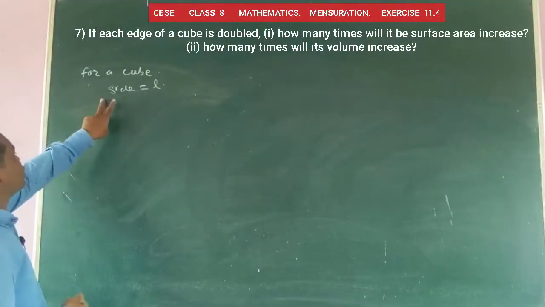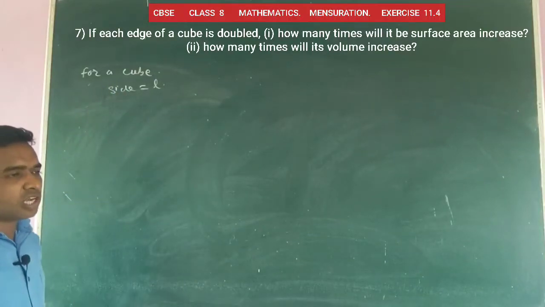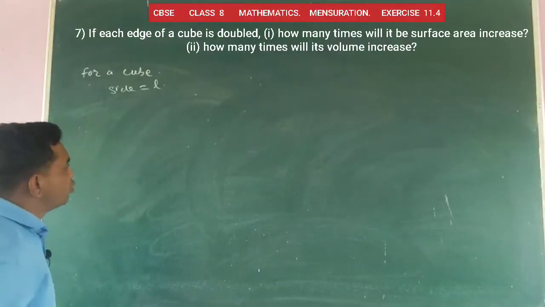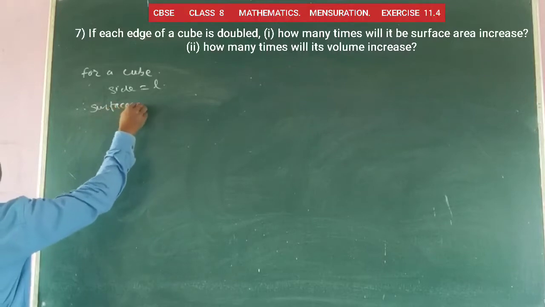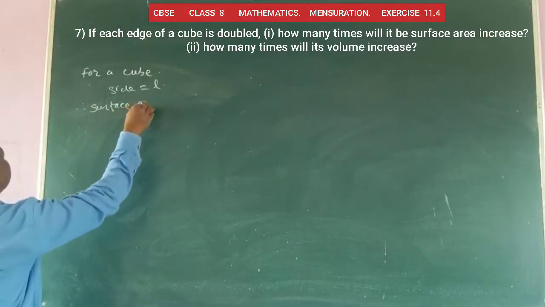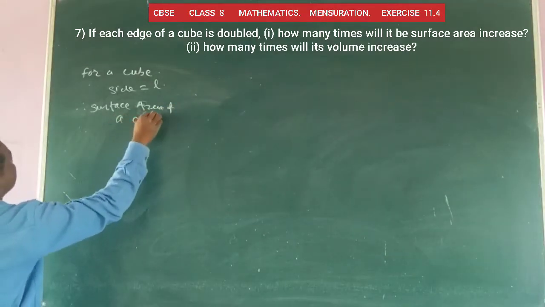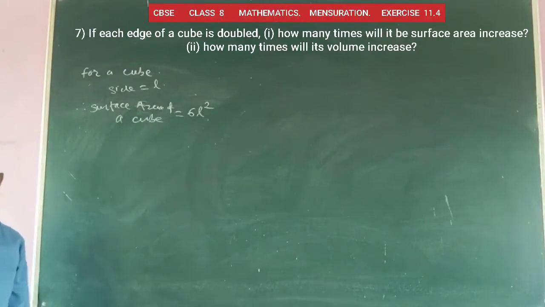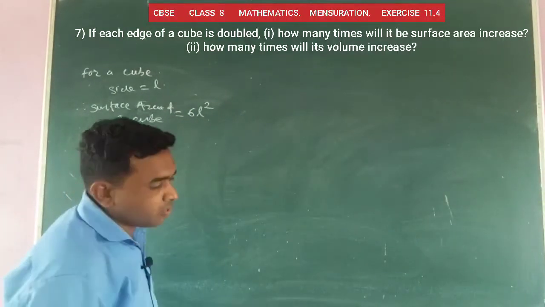For the initial condition, if we consider the side equal to L, we have to find the surface area of a cube. Number 1, the surface area of a cube. The formula is 6L square.